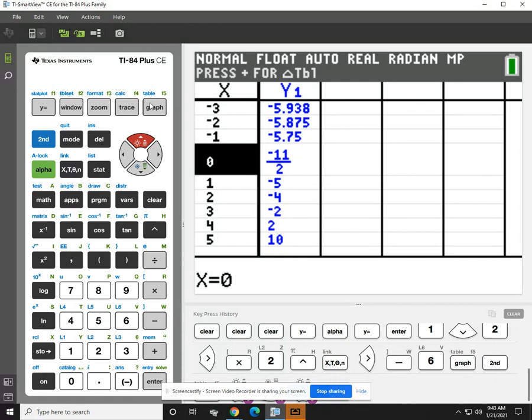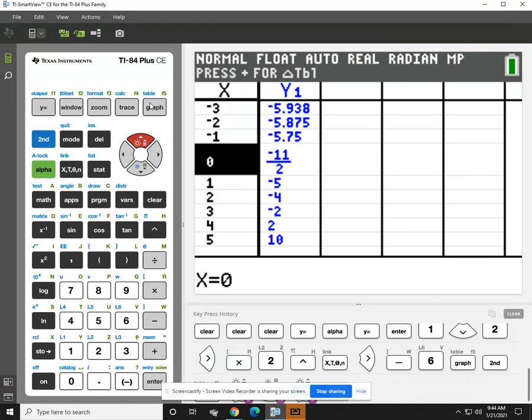So for all of these graphs, if I want to find my y-intercept really quickly, really easily, just go to where the x value is 0. So where's my y-intercept here? 0 what? 0, -11/2. -11 divided by 2 is -5.5. So I'm going to go down to 5.5, and I'm going to graph that point.